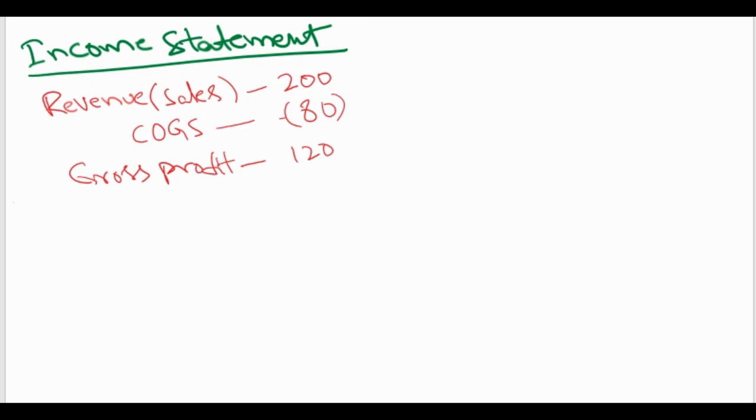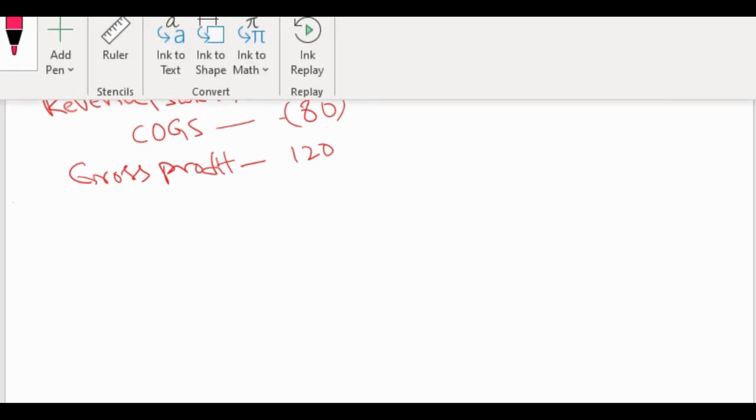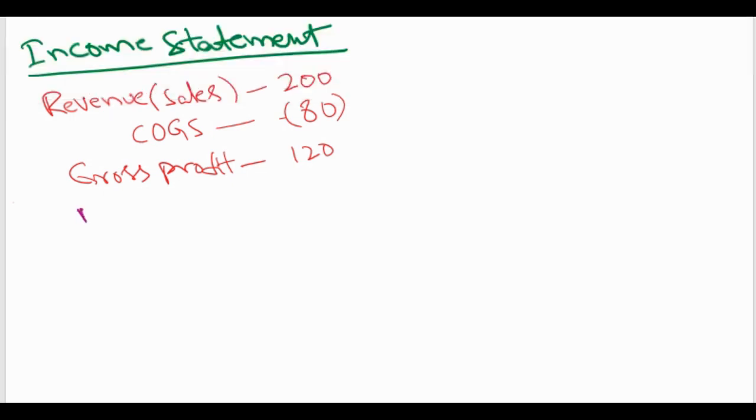So now after that, what you will do to get the other profit? What is that? EBITDA. So you need to reduce other expenses. Let's say you have some marketing and sales expenses, or office expenses.